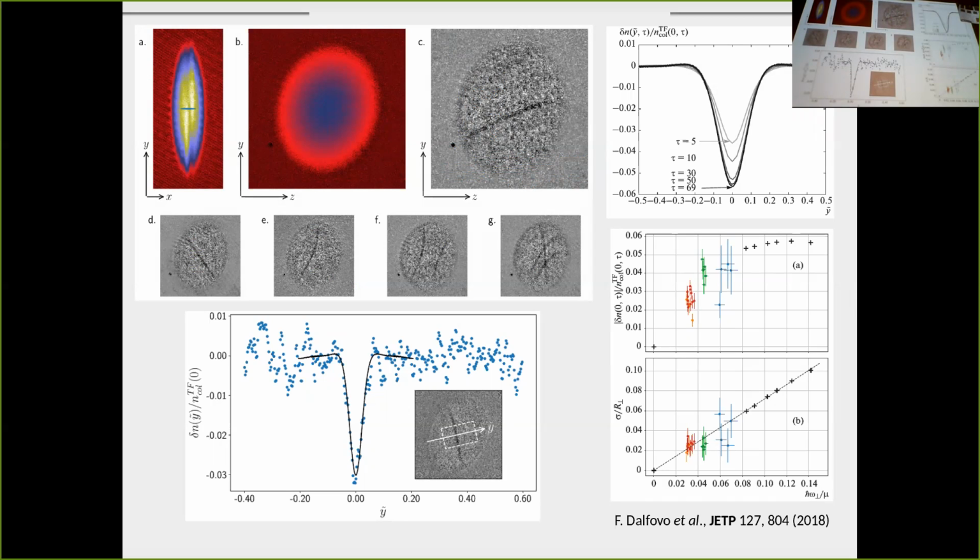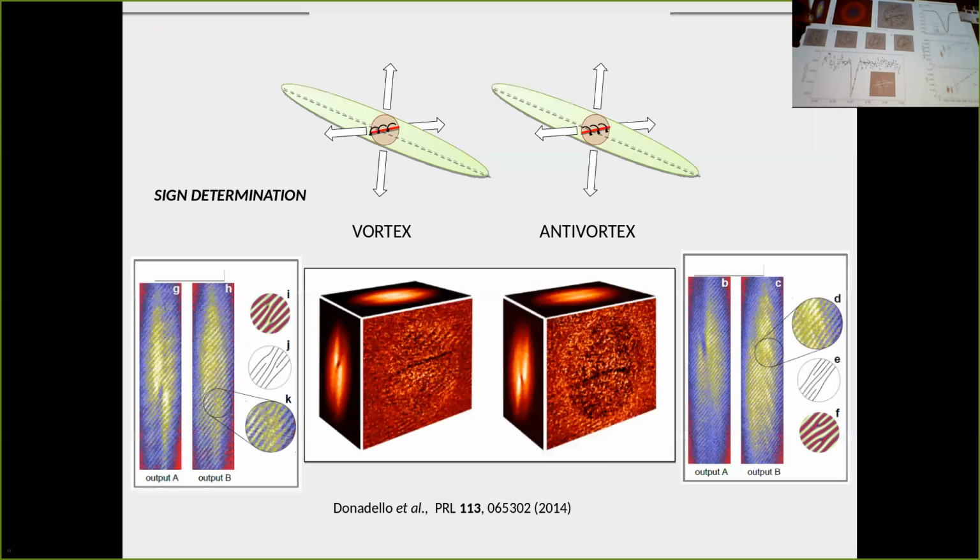Of course, this characterization is made after a ballistic expansion, but it still allows us to do a quantitative comparison of the experimental observation versus the Gross-Pitaevskii predictions, and this fits quite well with respect to the numerical calculations. Actually, here we have some graphs about how the nodal line is expected to expand during the ballistic expansion, and everything works quite well.